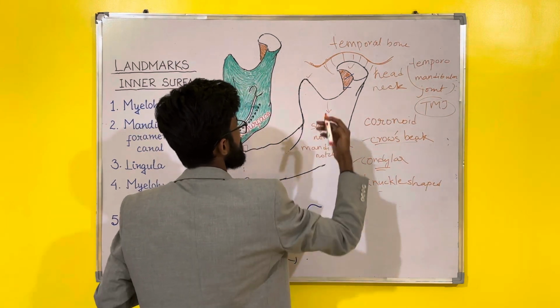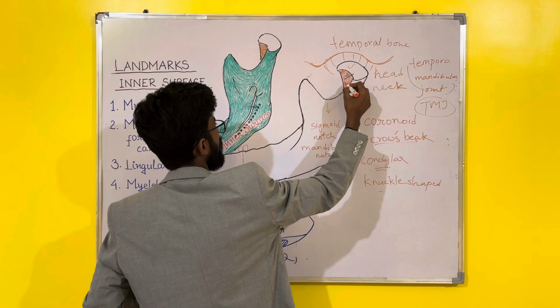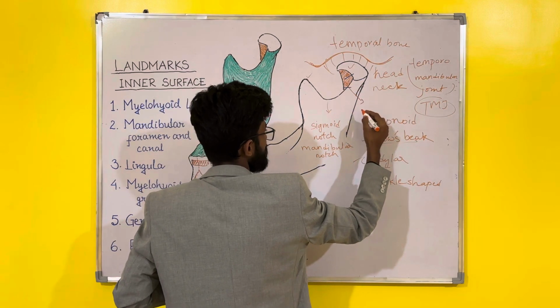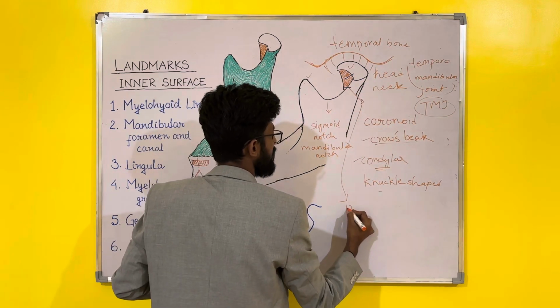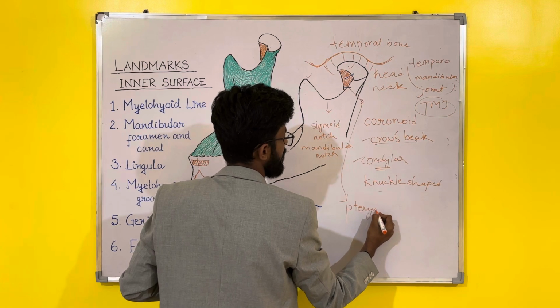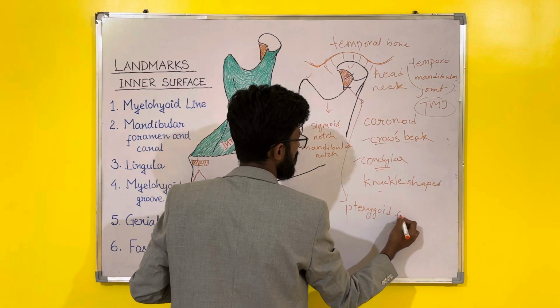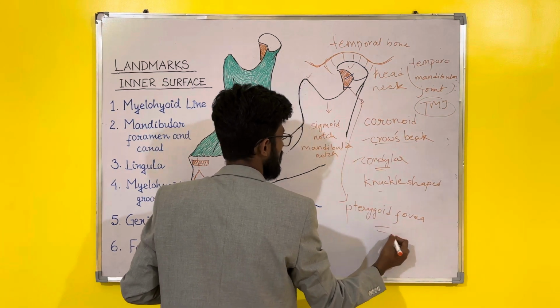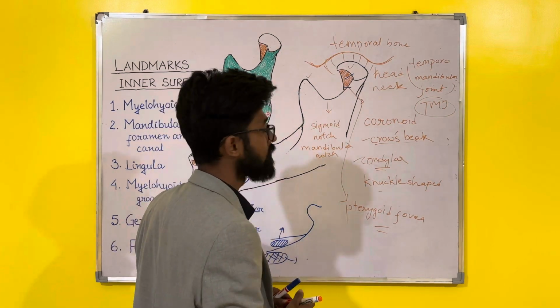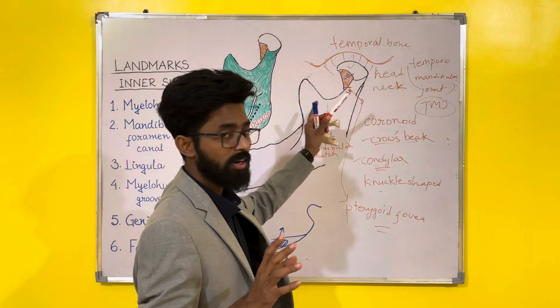Now this depression, the depression marked in orange, I'll mark it here, is called the pterygoid fovea. Fovea also means depression. This lies below the coronoid and the condylar process.